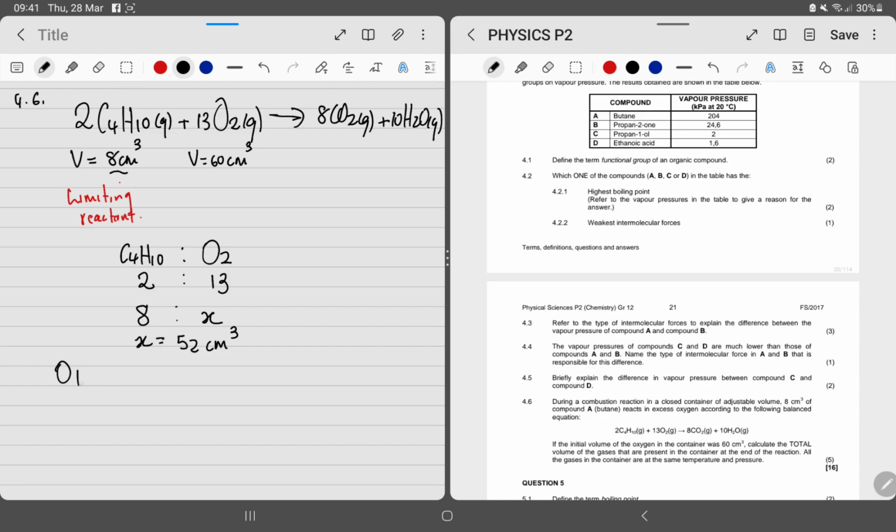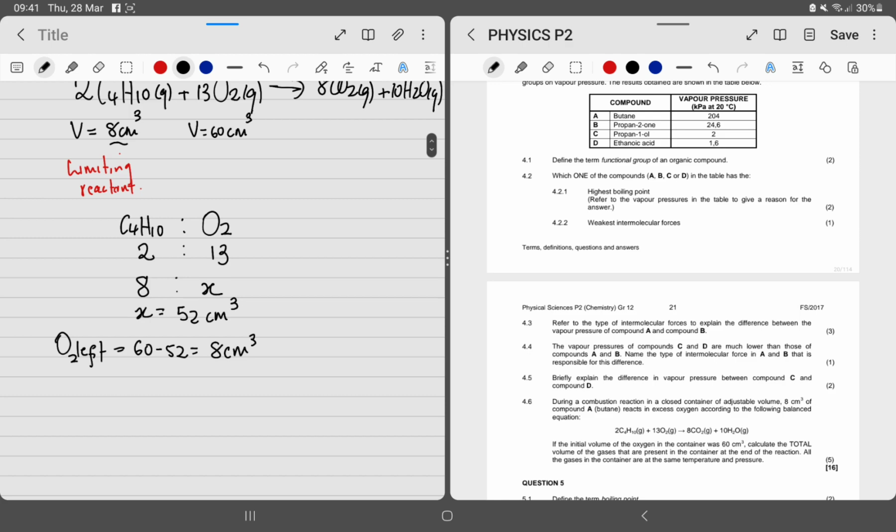So the oxygen that is left is going to be equals to the 60 minus the 52. So I have 8 cubic centimeters of the oxygen left inside the container. Okay. Now I need to find out how much of the product I have formed. Same thing, I am going to use the limiting reactant in order to find how much product I have formed.